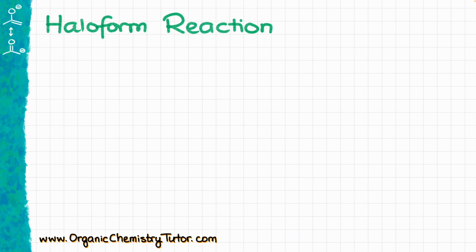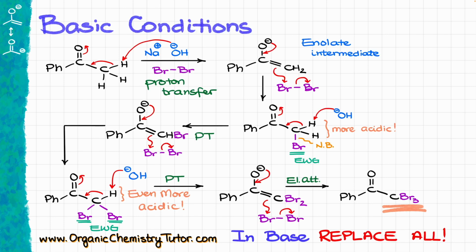Now, I did mention at the beginning of this video that we are going to talk about the haloform reaction as well. So let's look at the product of our last reaction where we did the halogenation in the basic conditions. This guy over here.